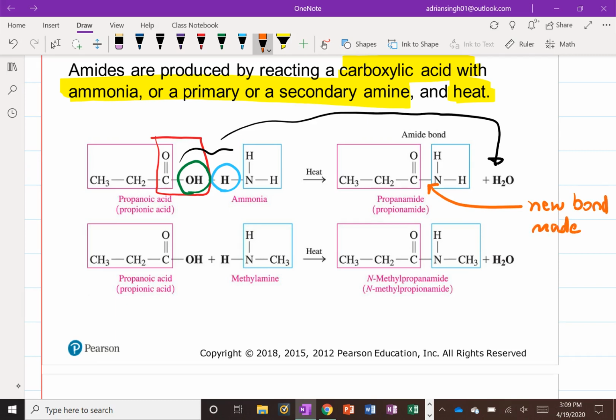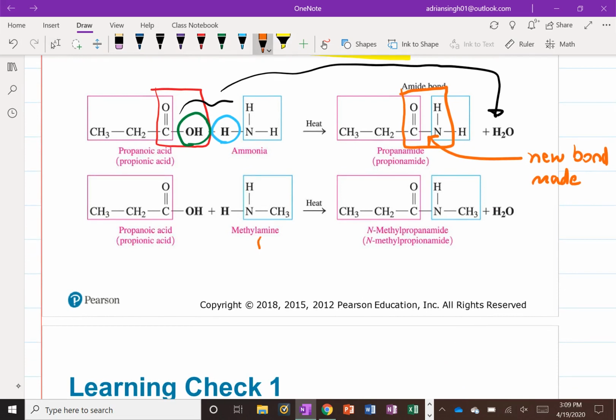And that really is the center part of our amide bond, right? So the amide bond is this. And we're just linking together the carboxylic acid with that nitrogen and then whatever else that nitrogen is attached to. So if we take a look at a slightly different reaction with methylamine, this is a primary amine, right?